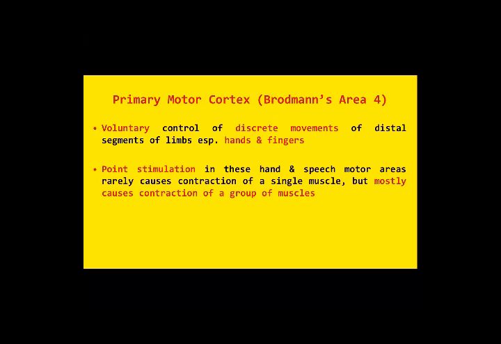Another important thing to remember is that whenever you stimulate this area, stimulation of area 4 will mostly cause contraction of a group of muscles. So rather than contraction of a single muscle, you will observe contraction of muscles as a group. This means this area is controlling all the voluntary movements of the muscles as a whole.